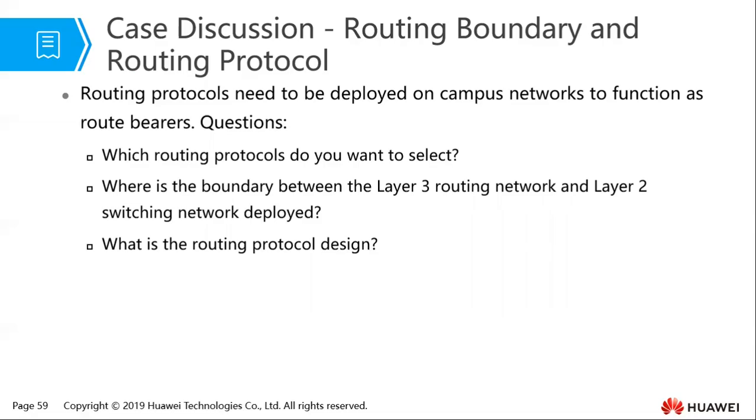As we've said, for a campus network, it will be ideal to use OSPF as the IGP. The boundary of the layer 3 routing network is between the core and the aggregation layer. Layer 2 switching is implemented between the access and aggregation layer.